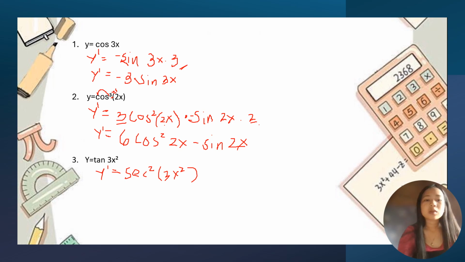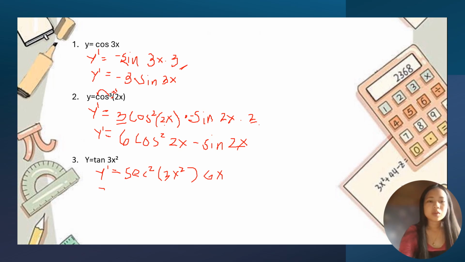We multiply the exponent to the coefficient, so 2 times 3 is 6, then copy the x. Then subtract 1 from the exponent: 2 minus 1 is 1. So the derivative of 3x squared is 6x.